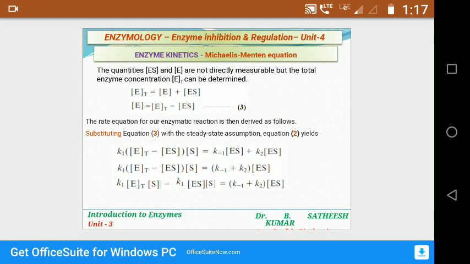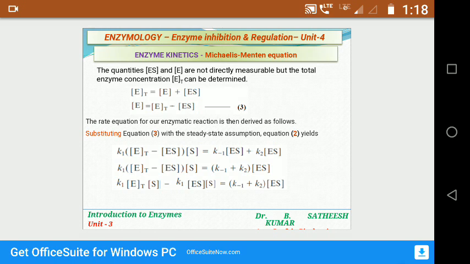we will get the following mathematical expressions. Another more important thing is the total enzyme concentration which we have used in the reaction will be equal to the free enzyme, which is in the unbound state, plus the enzyme which is in the bound state. So when we combine the unbound plus bound forms, we get total enzyme.